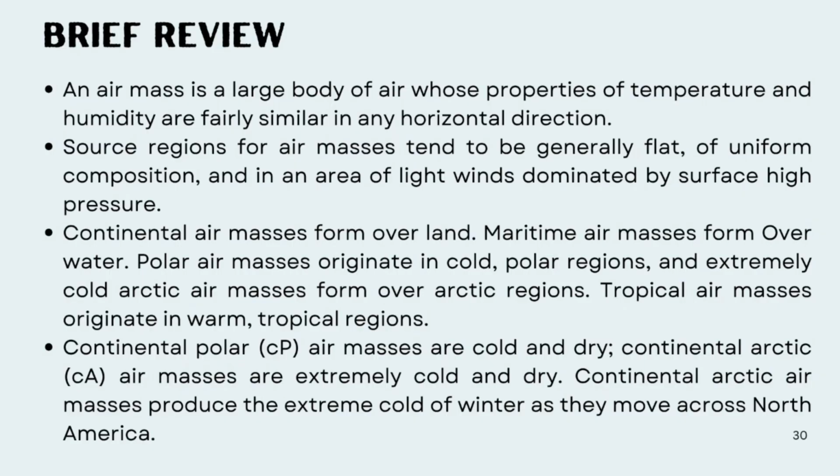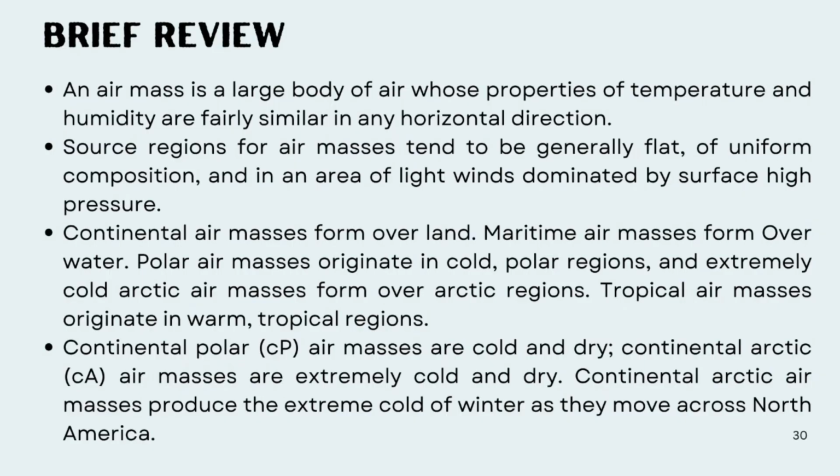Maritime air masses form over water. Polar air masses originate in polar regions, and extremely cold Arctic air masses form over Arctic regions. And tropical air masses originate in warm tropical regions.